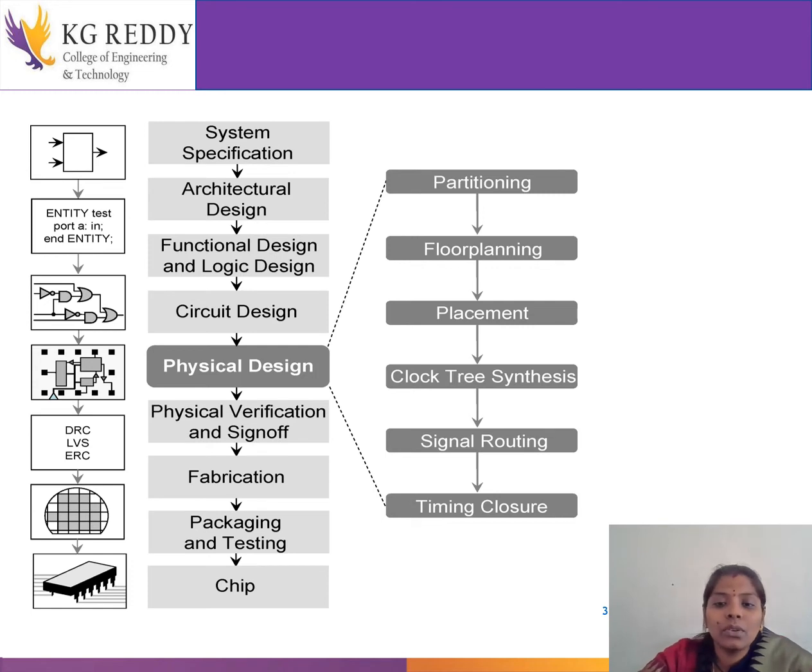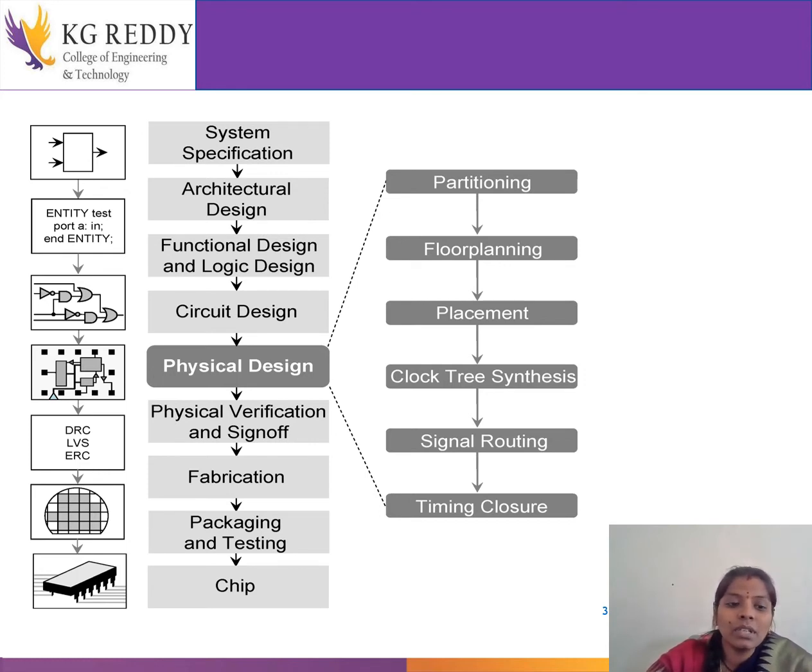Next is signal routing. Generally, we have two types of routing. One is global routing and the other is detailed routing. Global routing gives a random interconnection, if I can say so.